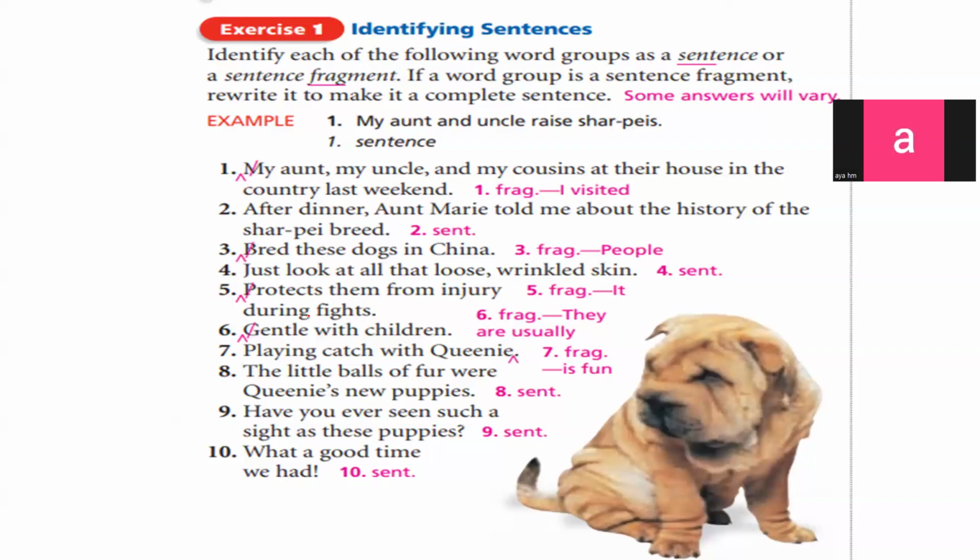People bred these dogs in China. And the B should be a small letter, just like this. Now, the next question, just look at all that loose, wrinkled skin. It's a sentence. Just look at that loose, wrinkled skin. Number 5, protects them from injury during fights.